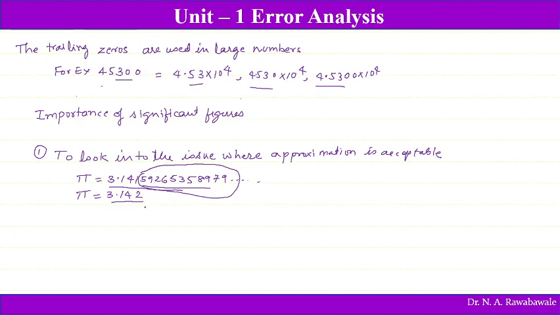This value is removed from the actual true value, so error is introduced, and that is called round off error. Such numbers cannot be represented exactly. At that time, we take the approximate value and proceed with the calculations or analysis. In such cases, the error that is introduced is known as round off error.